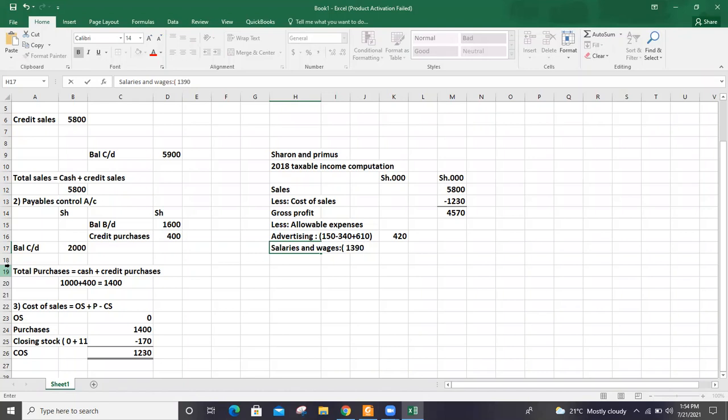Accrual of 130. Do we less? We less. And we add an accrual of how much at the end? 410. So how much are the salaries for the year? 1670.